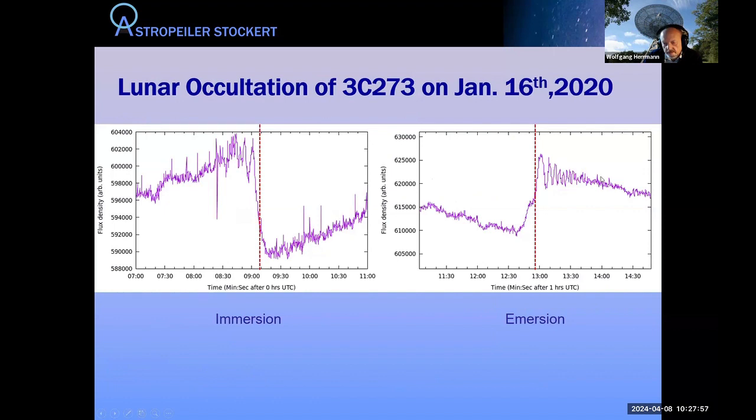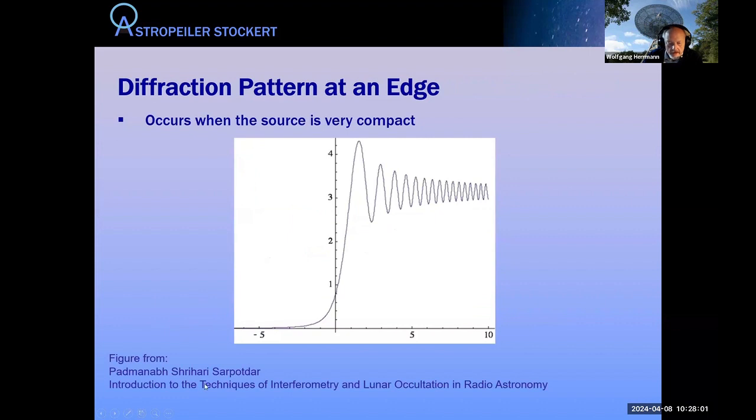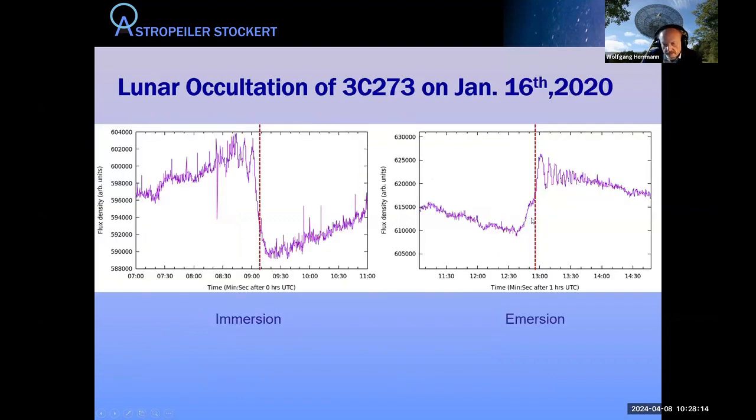There's an oscillation here, and that dies out. This is a very interesting effect because it shows that it is a very compact object. You wouldn't see that if it were a more extended object like the Crab Nebula, where you don't see that.